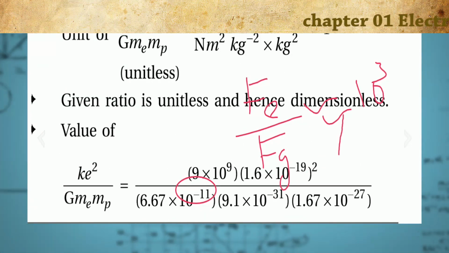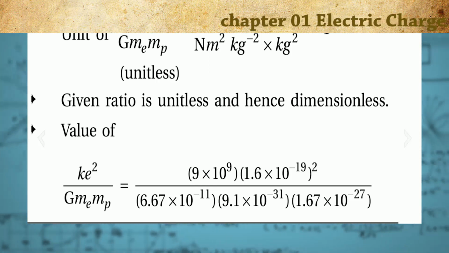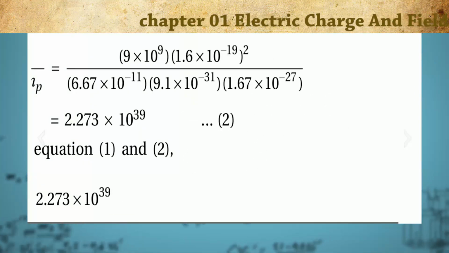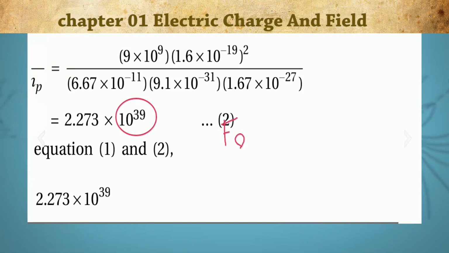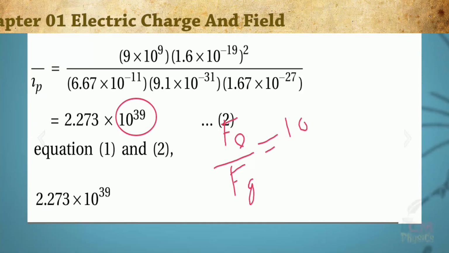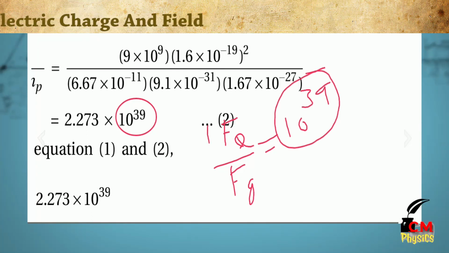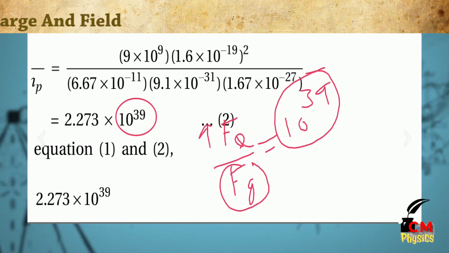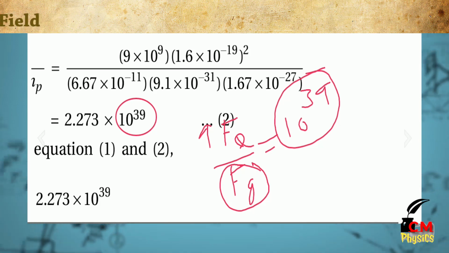Here we write once again, Fe by Fg has the answer 10 raised to 39. A positive answer means the numerator is much greater than the denominator, meaning gravitational force is weaker than the electrostatic force, which you learned in the 11th.